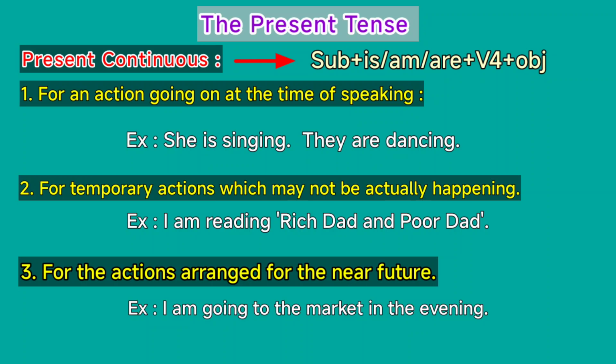But in present continuous tense, planned future actions would not have an exact time. Okay, so vaguely we mention the time, just like in the evening, tomorrow, next month, next year. We express vague, unclear time. Those actions we express in present continuous. If you mention the exact time, like "The train arrives at 10 a.m." or 12 p.m., an exact time will be mentioned for planned future in simple present.